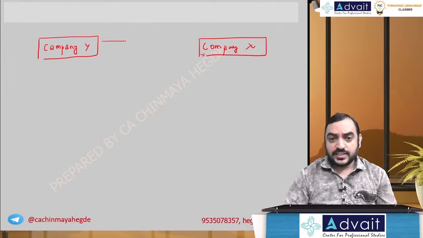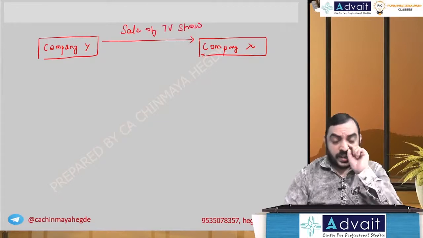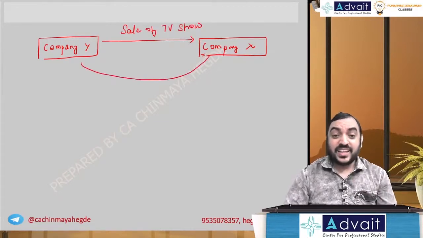Company Y is the seller. Sale of a television show. And what is company Y getting back? They're getting back cash and an advertisement slot.